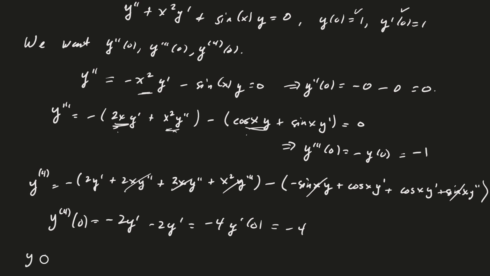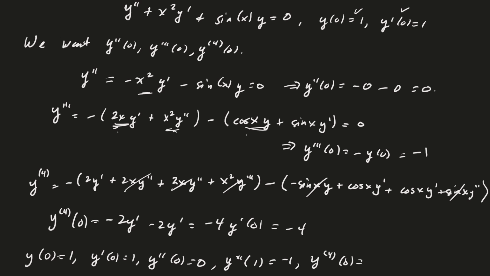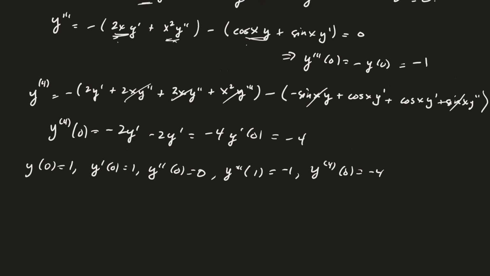Let's just write them down here. y of 0 equals 1, y prime of 0 equals 1, y double prime of 0, was that 0? Yep. y triple prime of 0 was minus 1, and y fourth at 0 is minus 4. Good.